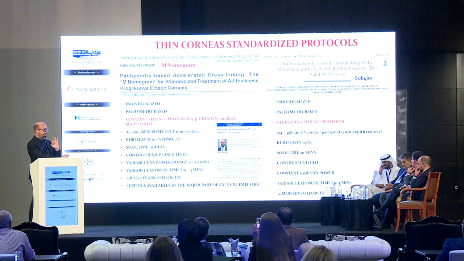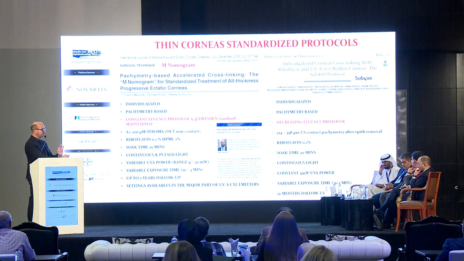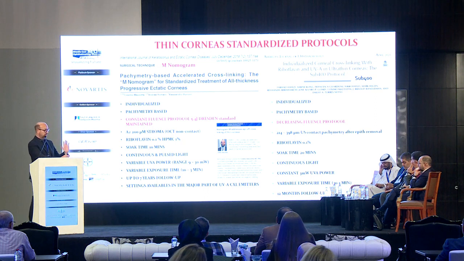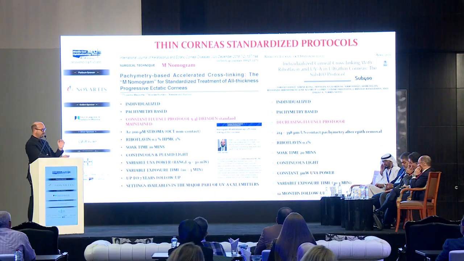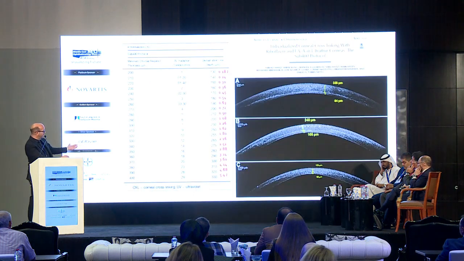You deliver the same energy of the Dresden protocol beyond your thickness, your baseline pachymetry. While the sub-400 is a decreasing fluence protocol. It uses always 3 milliwatt, 5.4, and decreases the fluence according to the pachymetry. I will show it here.